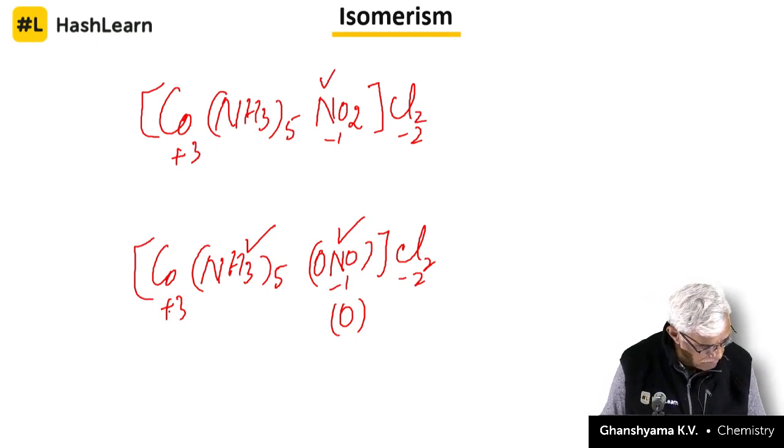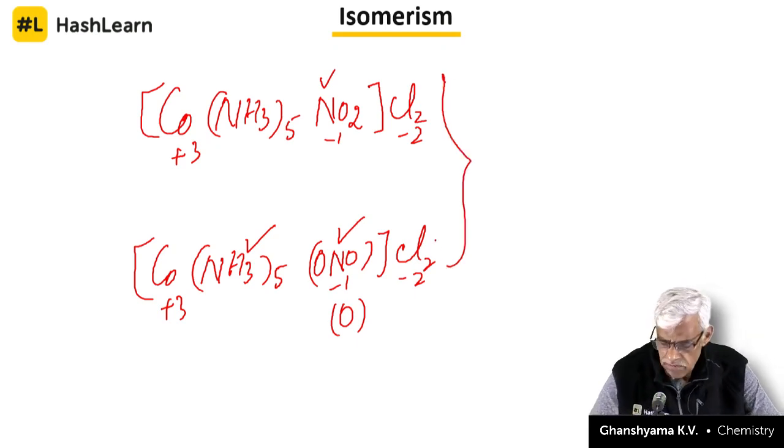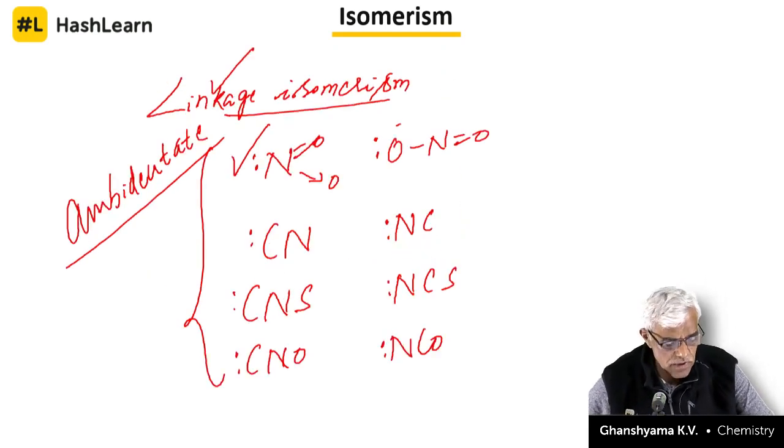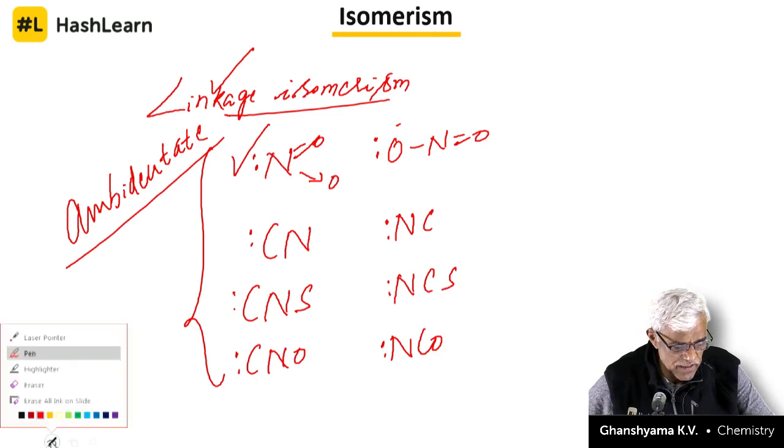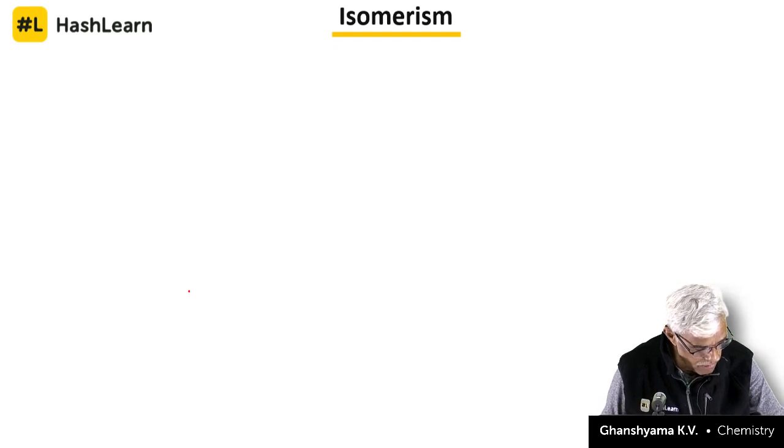Okay, the last one under structural isomerism, coordination. So in this way you can write any number of examples for this. If you have ambidentate ligands, you find that linkage isomerism.